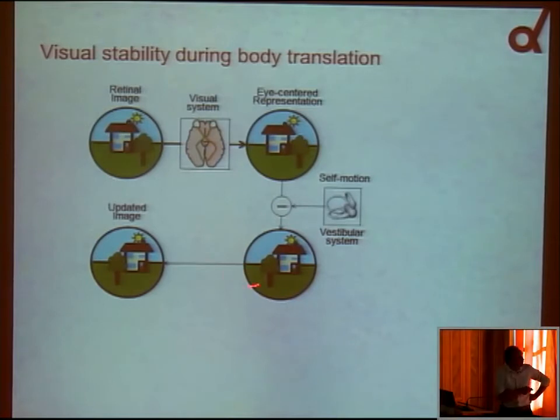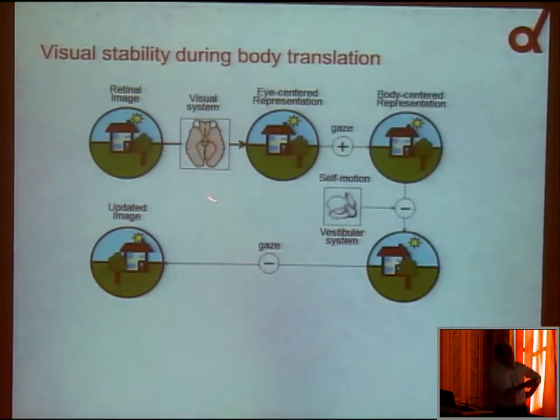You see a little bit this parallax effect. The house moves a little bit to the right, and the tree moves a little bit to the left. And then you can update your image. The brain could also say, well, no, I'm not going to use an eye-centered representation. I'm converting this eye-centered representation into a body-centered representation. I just take gaze position into account.